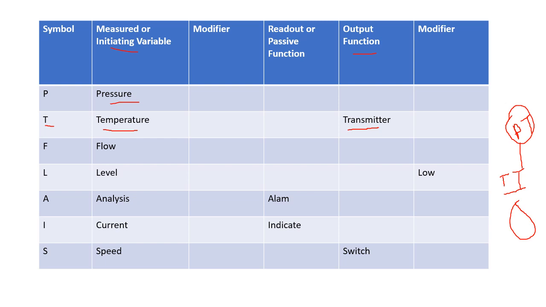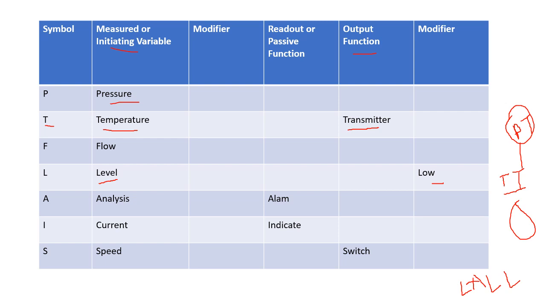Similarly, F stands for flow, and if it is FT, it will be flow transmitter. L stands for level, and if it is LT, then it is level transmitter. But if somewhere it is written as LALL, the last L is acting as a modifier.